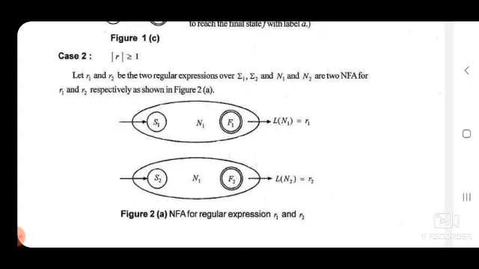Let R1 and R2 be two regular expressions over sigma 1 and sigma 2, where sigma 1 is the set of symbols for regular expression R1 and sigma 2 is the set of symbols for regular expression R2.